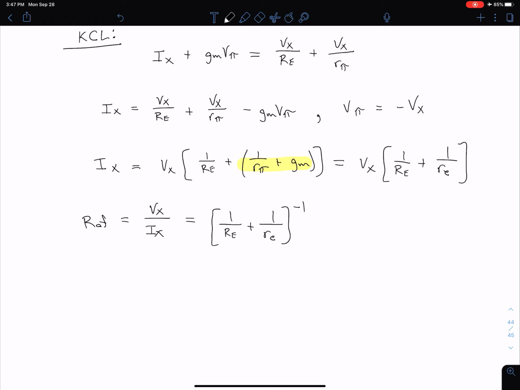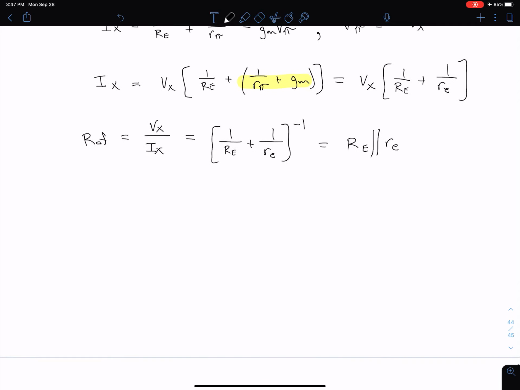And we note that this is the same as saying we have our two resistor values in parallel. So our emitter resistor in parallel with our lowercase r sub e. And so another way that we can write that is, our output resistance is equal to, our special case for two resistors, capital R sub e times lowercase r sub e divided by the sum of the two.